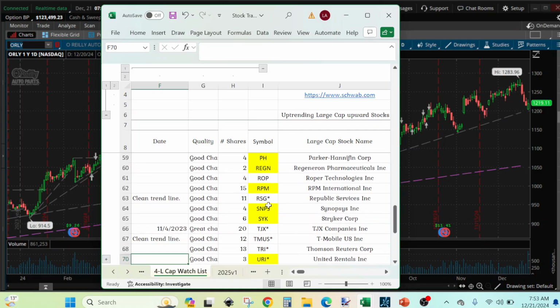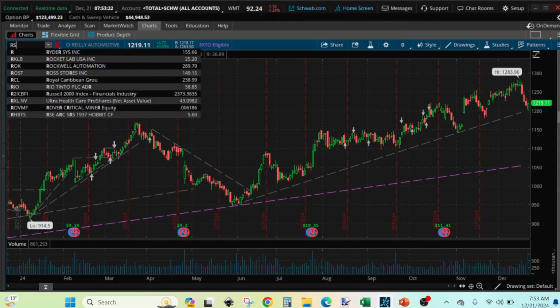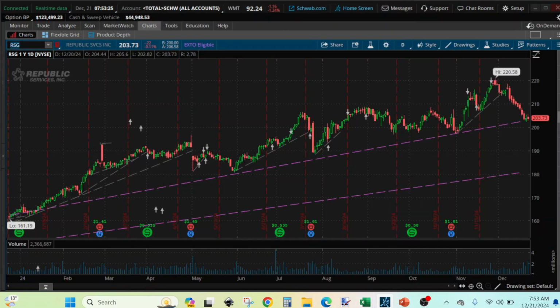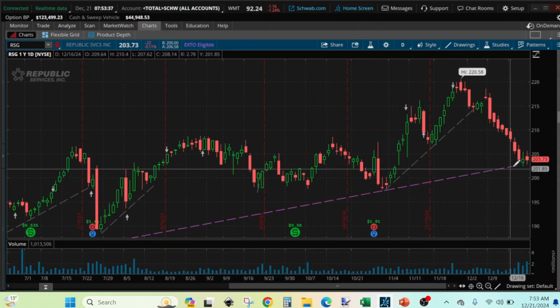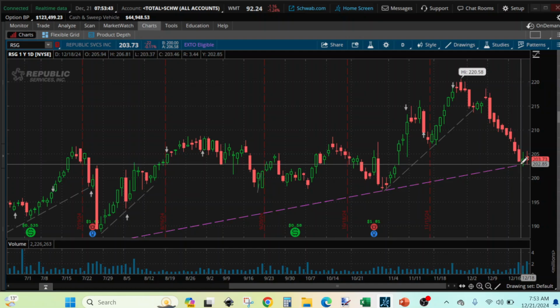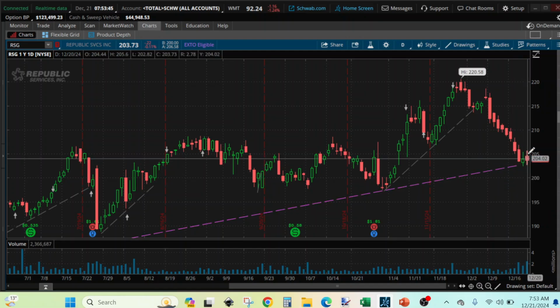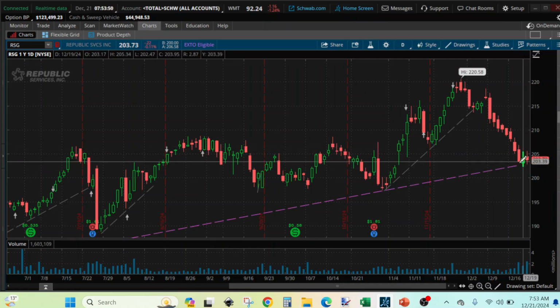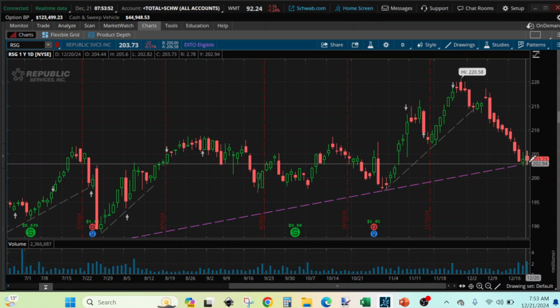So the next one is RSG. This one won't be in the list next year. RSG, okay. We like to see, let me see here. That is the line we like to buy at. I'm seeing two lows here, but they are plateaued though. I like to see when it starts going up. In fact, I need to wait for another low because this does not give me an uptrend.